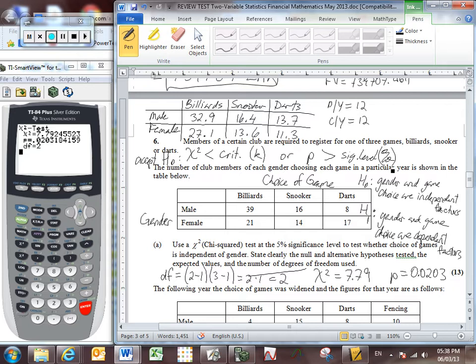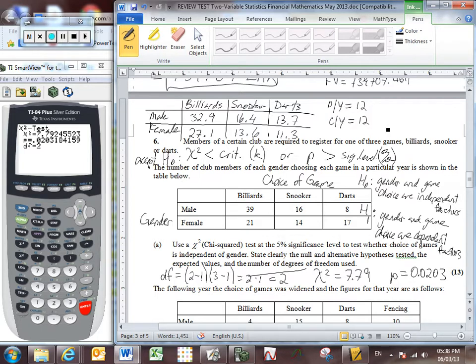Now, we have not been given the critical value in this question, so we can't compare chi-squared to the critical value. Instead, we're going to have to compare our p-value to the significance level. Is p greater than the significance level?